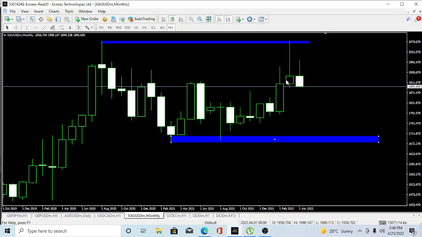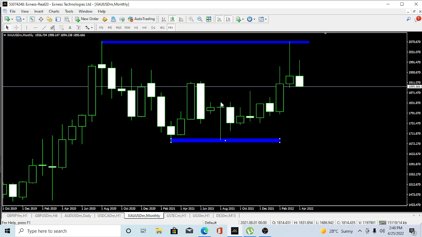As you can see right now, we also have this support level which price has created. You can see price created this level from here. It created the level and then pushed a little bit higher, and then it failed to continue going up, and then it gave us this candlestick pattern here. These are tweezers, we call them tweezers. It came down only to test this support level, and then it got rejected here.